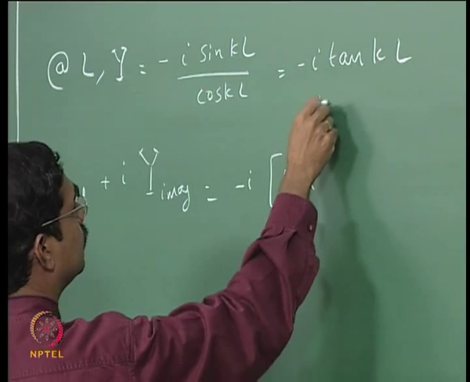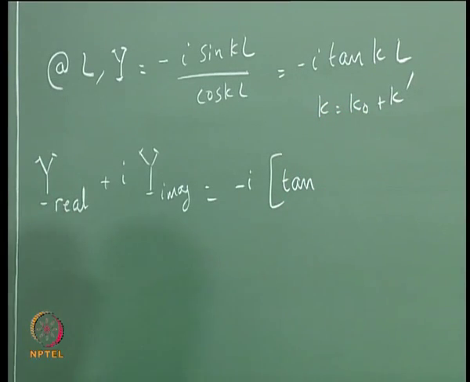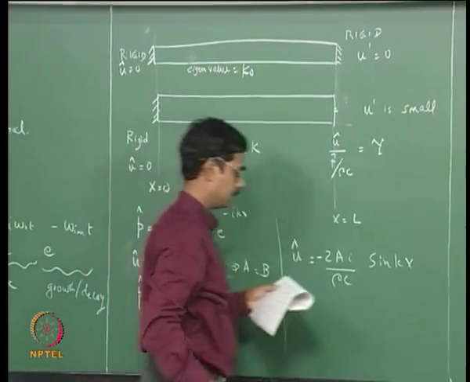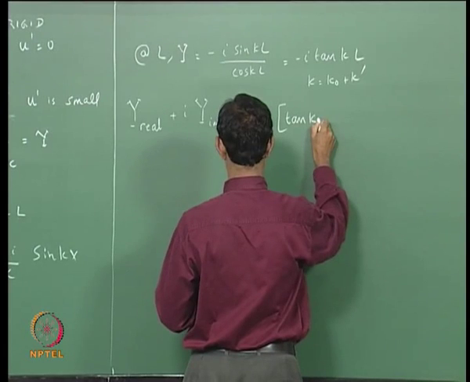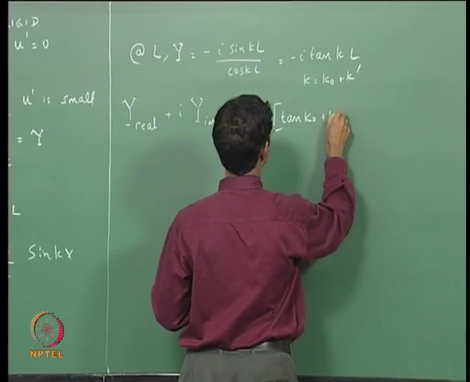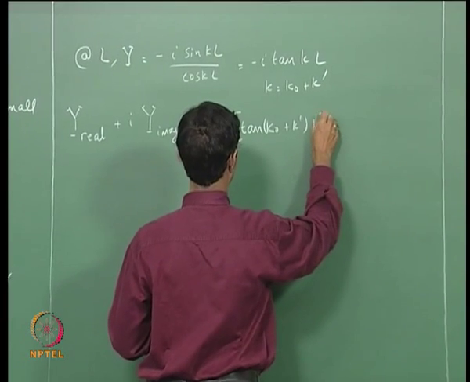And I will say this k equal to k naught plus k prime, where k naught is the eigenvalue of the corresponding closed duct. K naught is the eigenvalue of this closed duct. So this will be tan of k naught plus k prime times L.